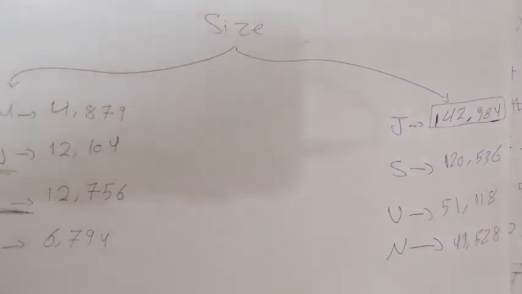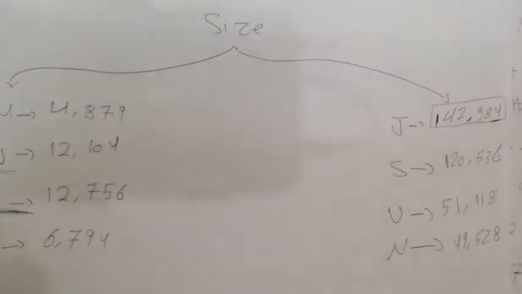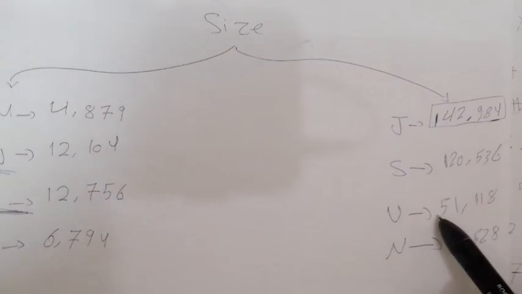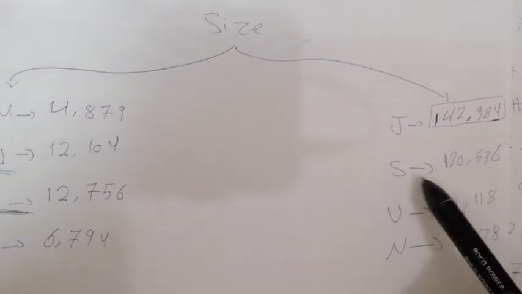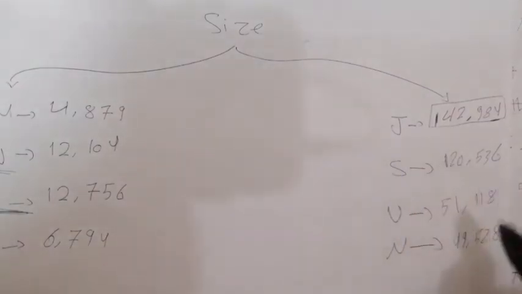Okay, so here Mercury, Mars, Venus, Earth, Neptune, Uranus, Saturn, Jupiter.